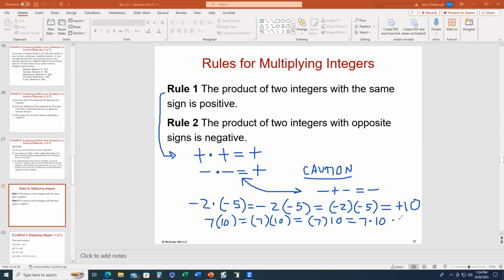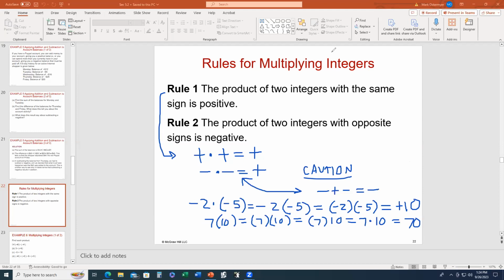And in each case, we get what for a product? 70. We good on that rule? So when you multiply numbers together that have the same signs, you always get a positive. That's an easy way to remember it. Positive times a positive, always a positive. Negative times a negative, always a positive. All right, we got that rule?